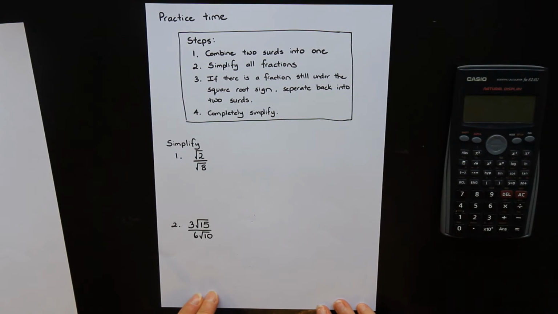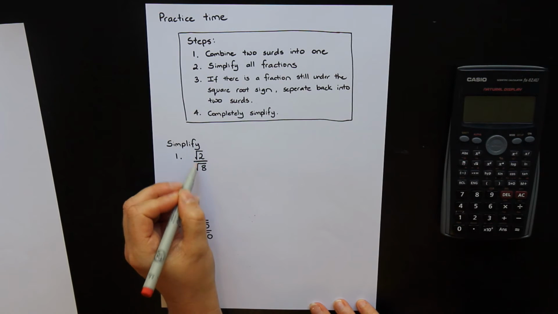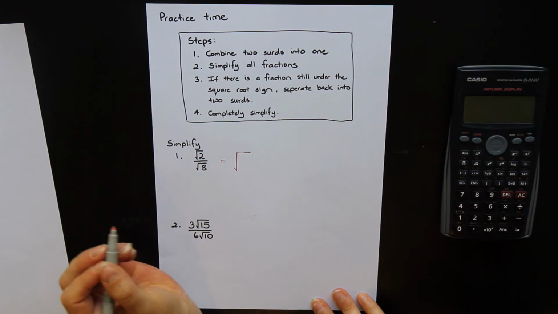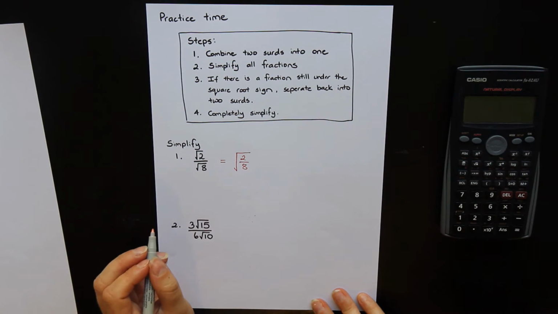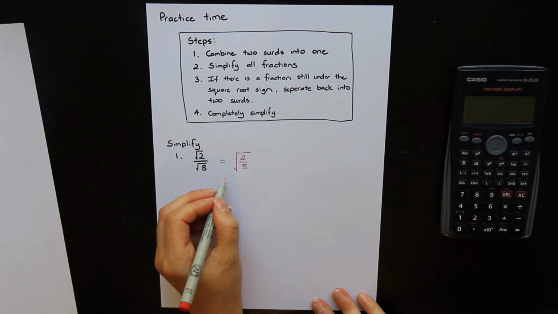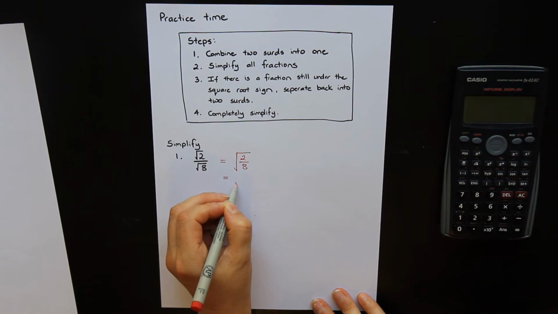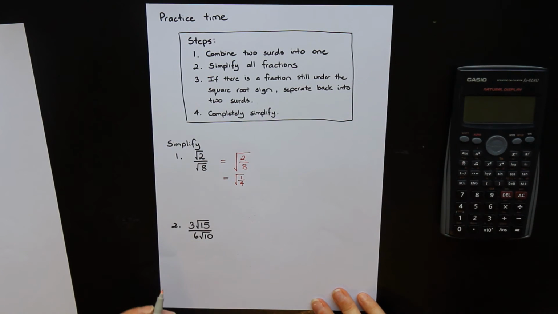Alright, let's have a look at the answers. So, combine the two surds into one surd, means one big square root sign for this question, 2 over 8. Second step is to simplify the fractions. So this fraction I can divide by 2, which would give me a 1/4.